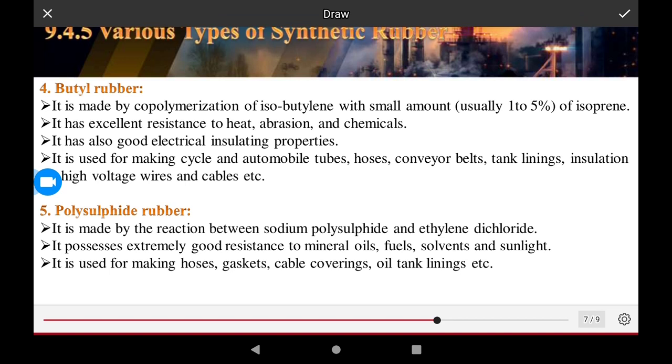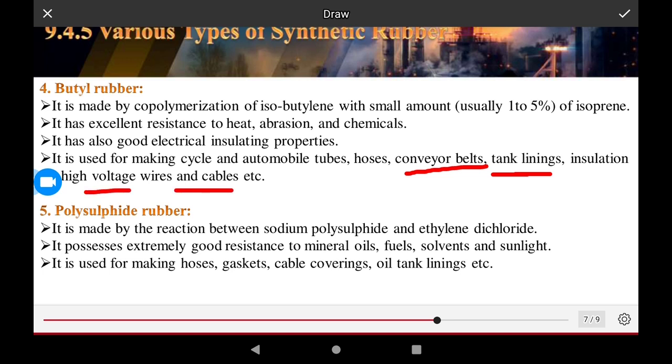It is used for making cycle and automobile tubes, hoses, conveyor belts, and tank linings, and for the insulation of high voltage wires and cables.